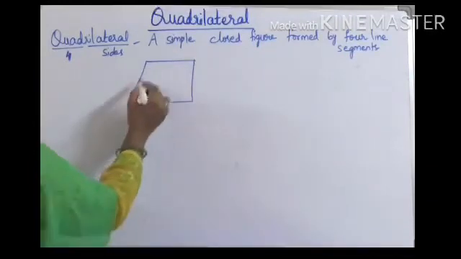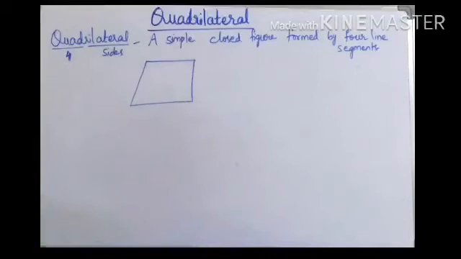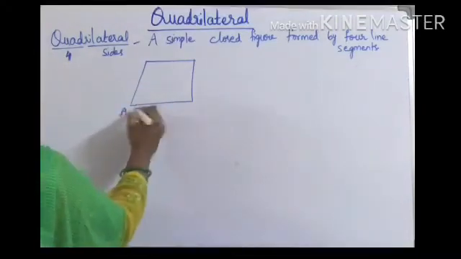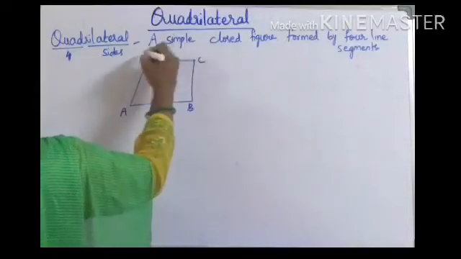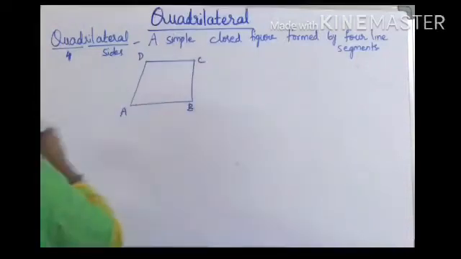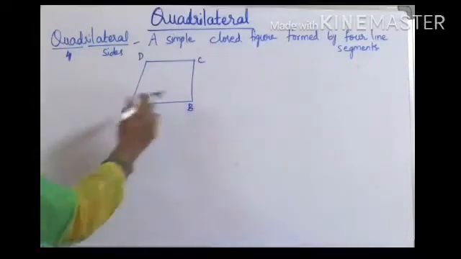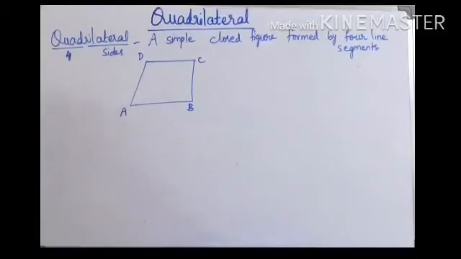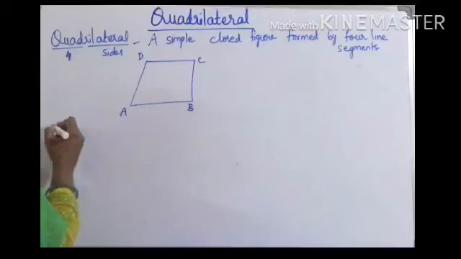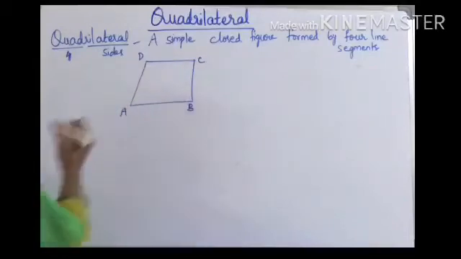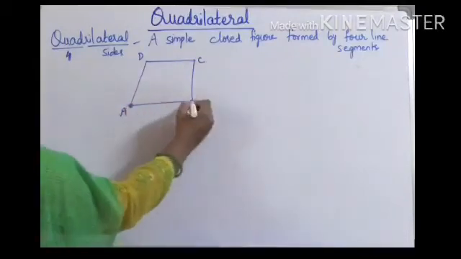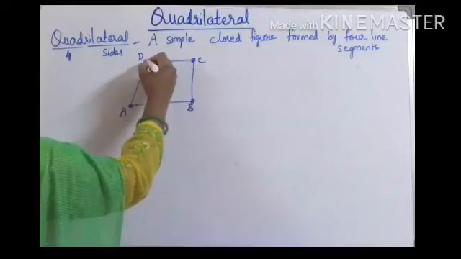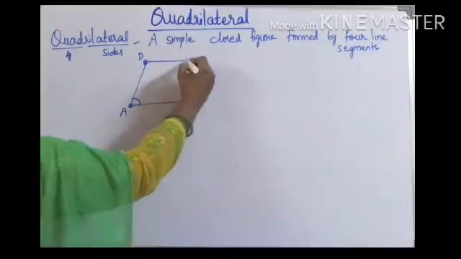So it has four sides and it is a closed figure, isn't it? Now, here I will name the figure first. Here A, B, C, D. Now here ABCD is a quadrilateral, and what are the line segments here? Like a triangle, here you have four line segments, four vertices and four angles.